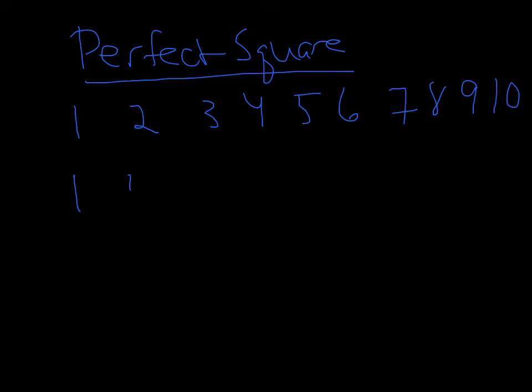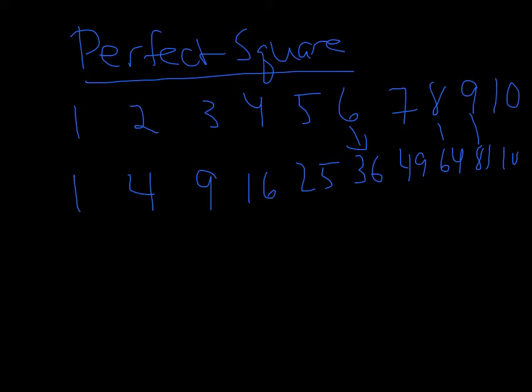If you square 2, you have 4. 3 squared is 9, 4 squared is 16, 5 squared is 25, 6 squared is 36, 7 squared is 49, 8 squared is 64, 9 squared is 81, 10 squared is 100. The second row, these are called perfect squares.